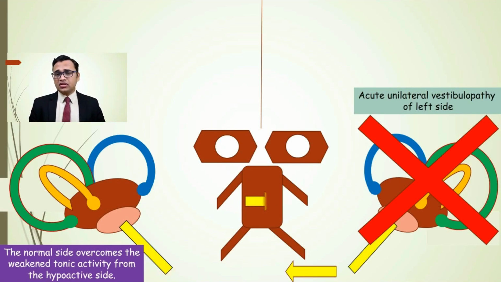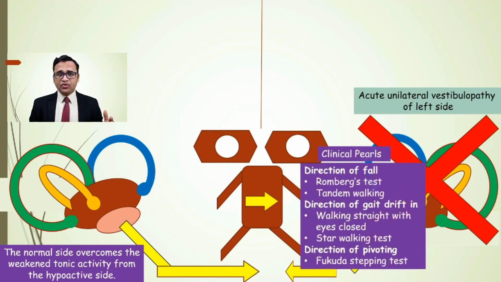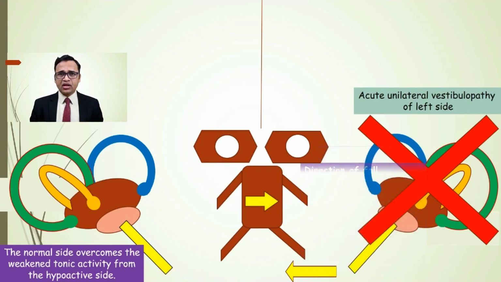Therefore, the vestibular system on the right side starts pushing the body towards the left side, and that forms pathophysiologic basis of direction of fall during Romberg's testing and tandem walking. That forms the pathophysiologic basis of direction of gait drift in walking straight with eyes closed during star walking test, and it forms the direction of pivoting in Fukuda stepping test.